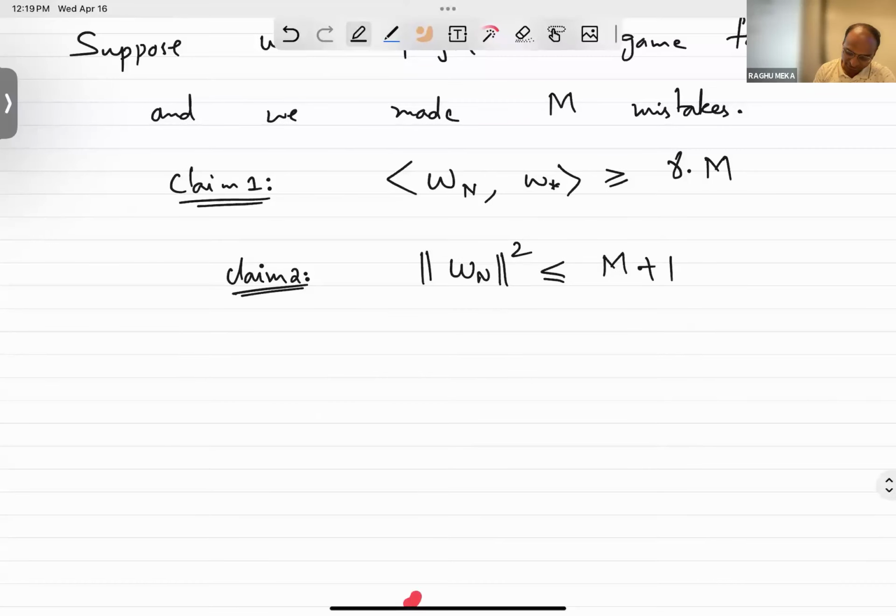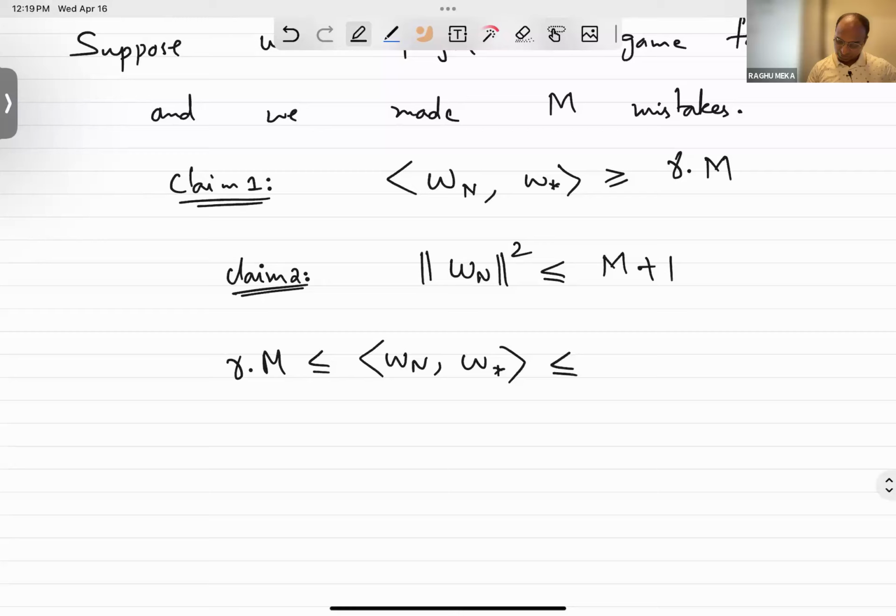All right. So now we just have to balance the two, and so we have gamma M is at most ⟨Wn, W*⟩. Okay. But if I use Cauchy-Schwarz, the inner product between any two vectors is at most the product of the lengths of the vectors.